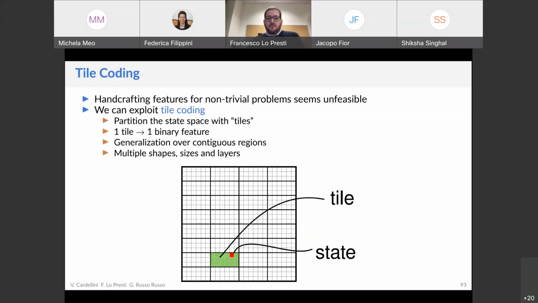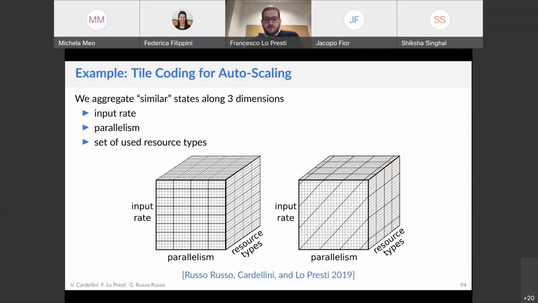So for example, in a work of ours, we define some features for the auto-scaling problem that we have presented before using tile coding, and in particular aggregating states along 3 dimensions that are the input rate in the state, the overall application parallelism in the state, and the set of used resource types in the state.